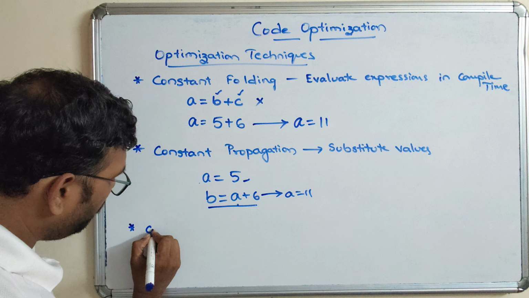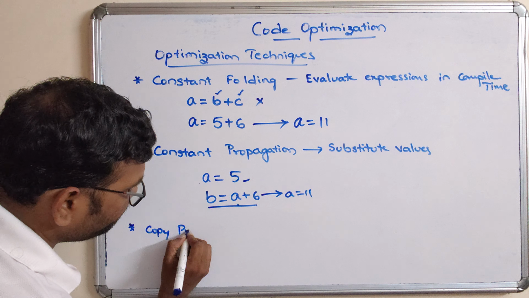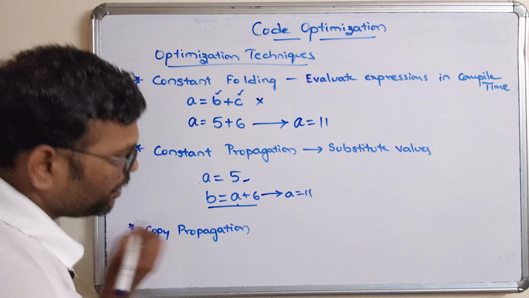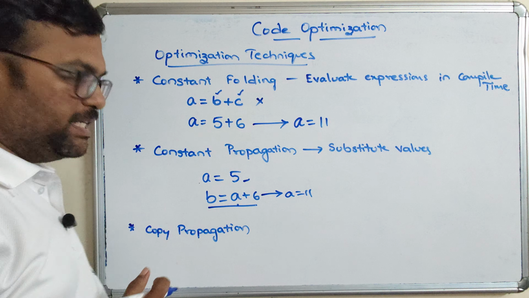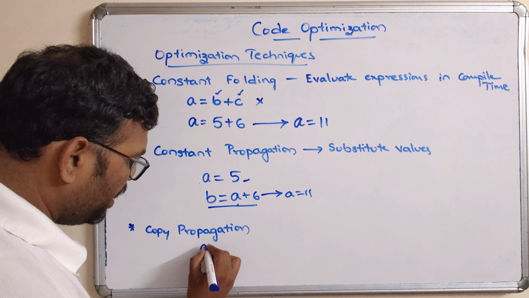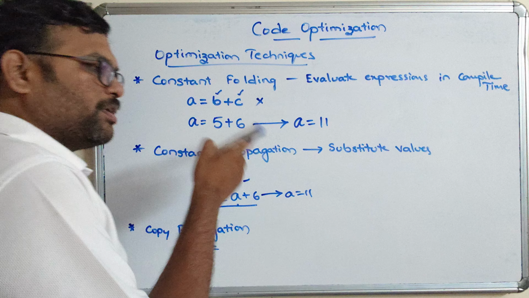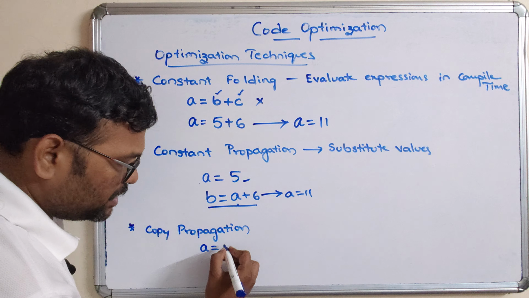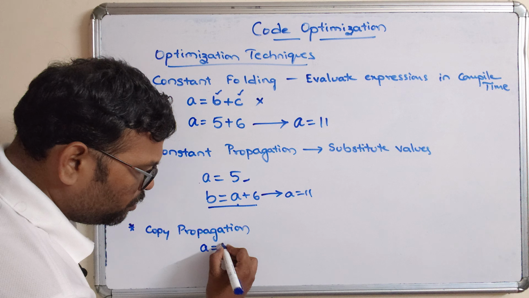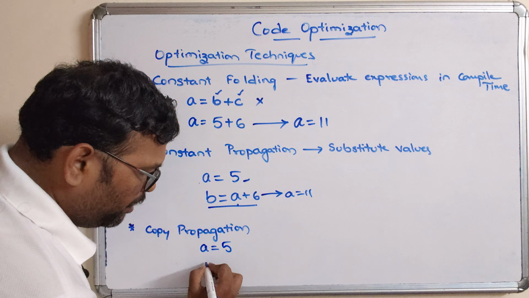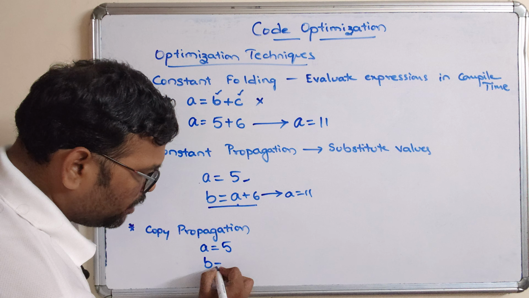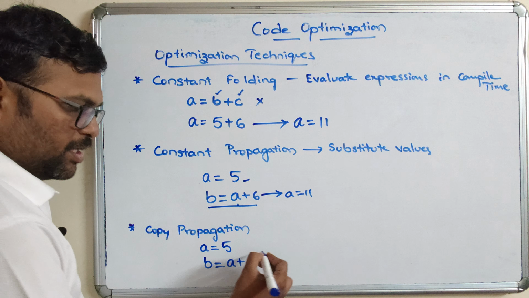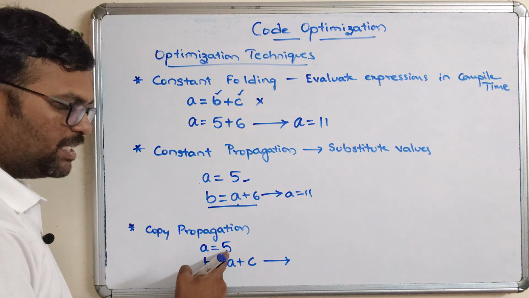And next, copy propagation. Copy propagation is also similar to our constant propagation, but here, if it is a is equal to 5 and b is equal to a plus c, in this case we are just copying.